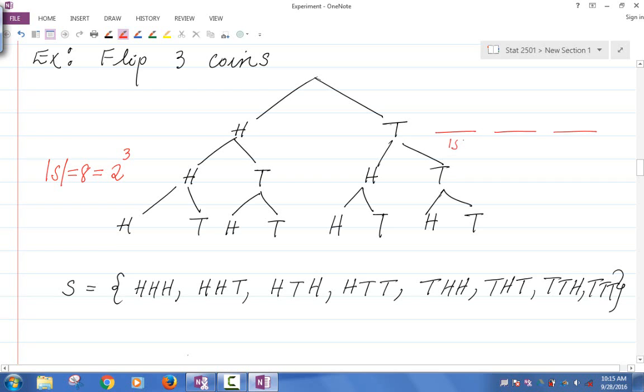From the first coin, you can get 2 possible outcomes. From the second coin, you can get 2 possible outcomes. From the third, you can also get 2 possible outcomes. So the total number of outcomes would be 2 times 2 times 2, which is 8.